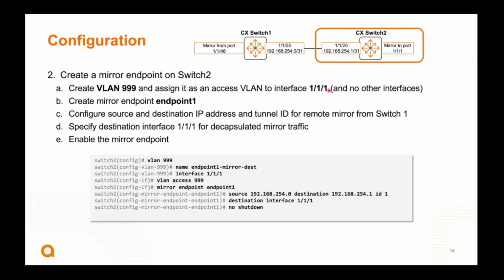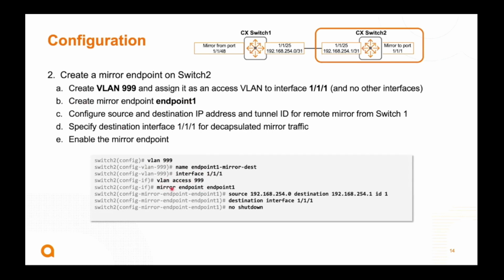This is the interface that our capture station is connected to, that we'll be using to see the captured packets from port 48 on the source switch. So we create VLAN 999 in this case, give it a name so that we know what this VLAN is for, and assign that VLAN as an access VLAN on our destination port, which is port 1/1/11.